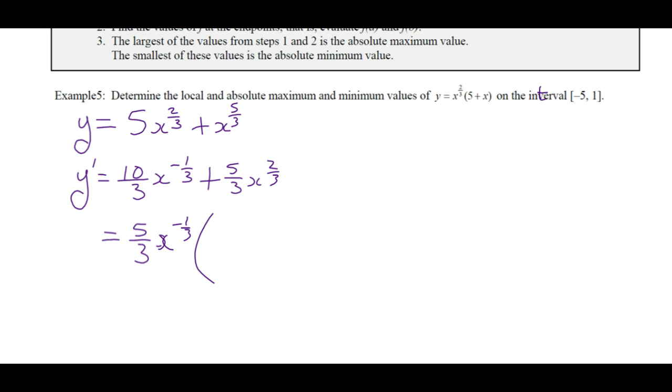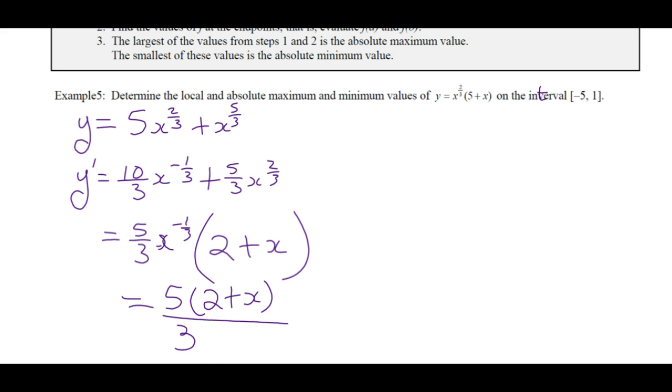Okay, so our common factor will be 5/3, and then the lowest power, which is x to the -1/3, giving me 2 plus x. Just x, right? Okay, and then we can write that as 5 times 2 plus x over 3 cube root x.